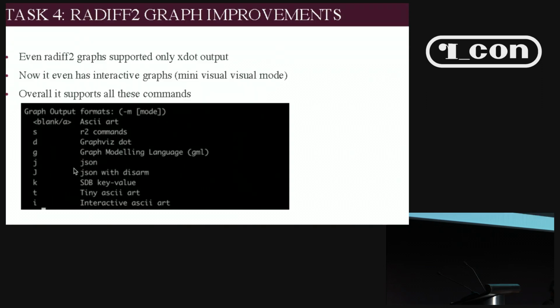Even Radiff2 had only one output format, that was xdot. Since I had already implemented all the other diff graph modes within Radare, I just had to integrate them into Radiff2. So it was a simple task.